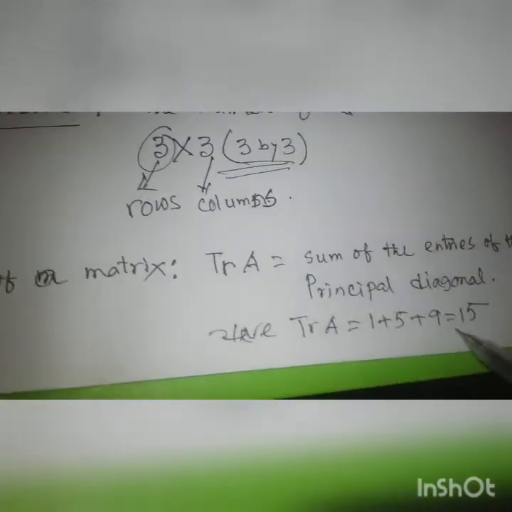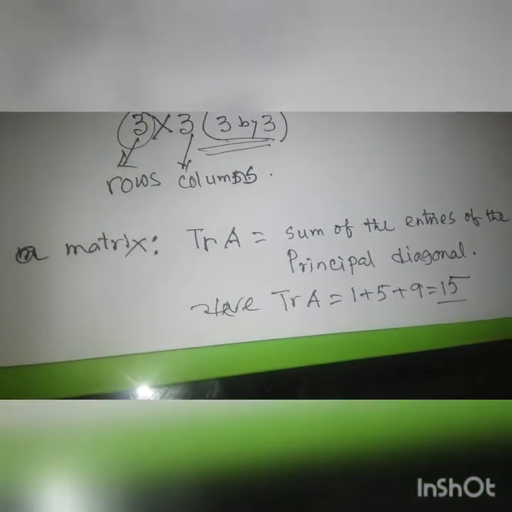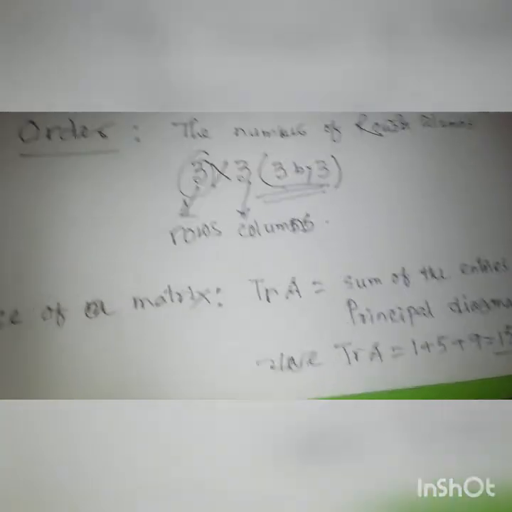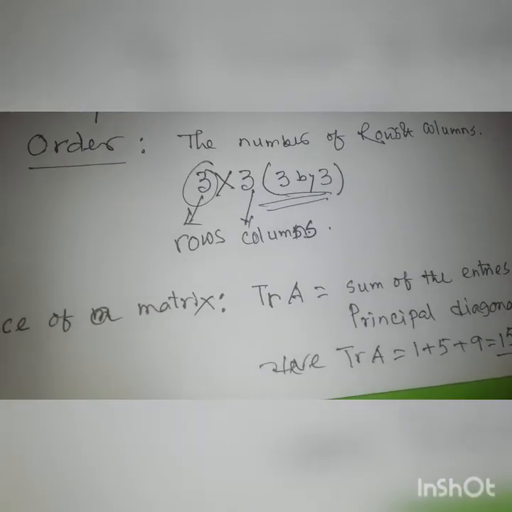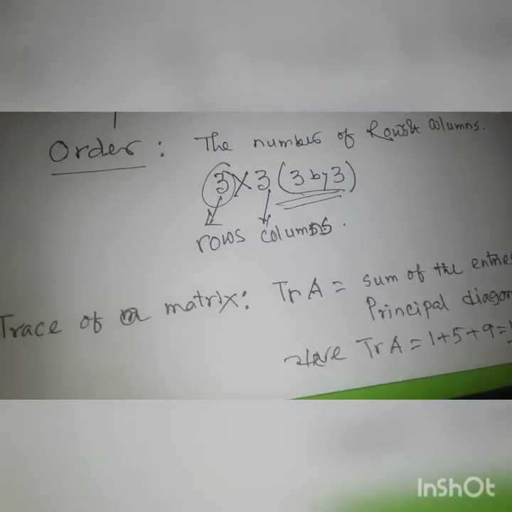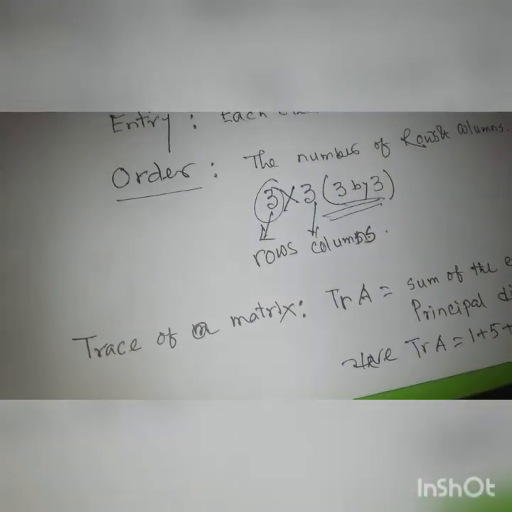So your answer is 15. It is very important for MCQ. Question: what is the trace of this matrix? Your answer is 15. Viewers, can you say what is the trace of this matrix? Trace of A equals what?